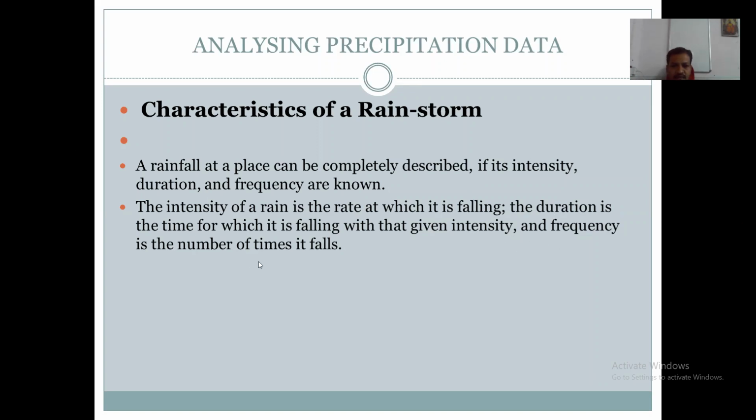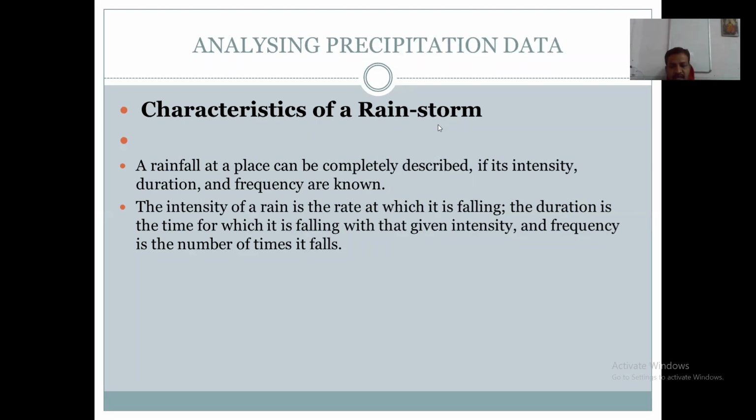Rainfall at any place can be completely described by knowing its intensity of rainfall, duration of rainfall, and frequency of rainfall. By knowing this, we can analyze the precipitation data. So how to calculate the intensity of the rainfall?